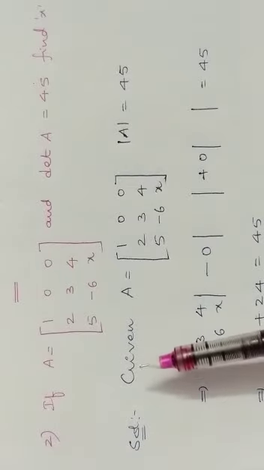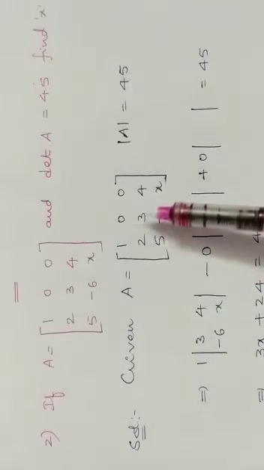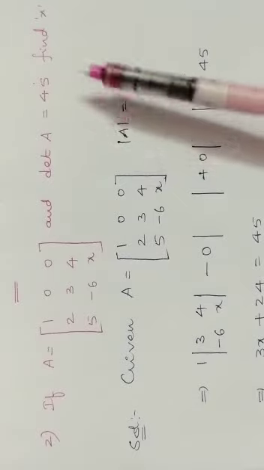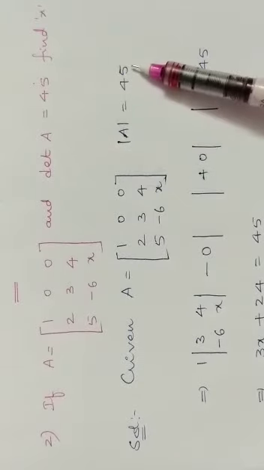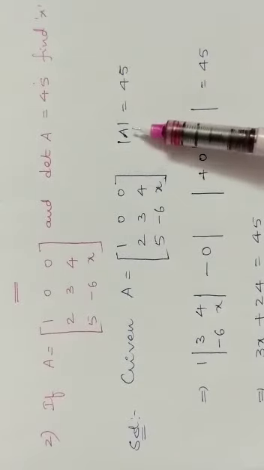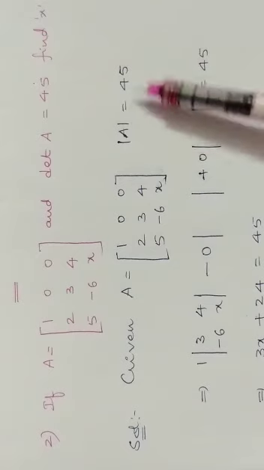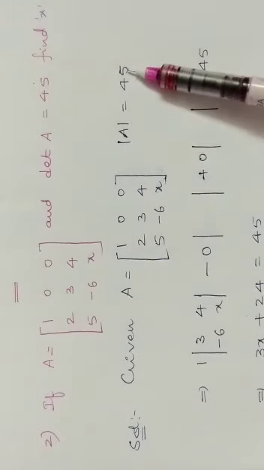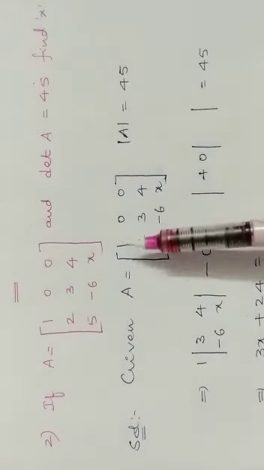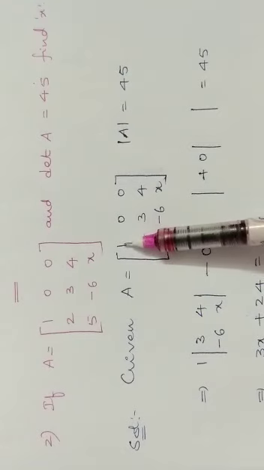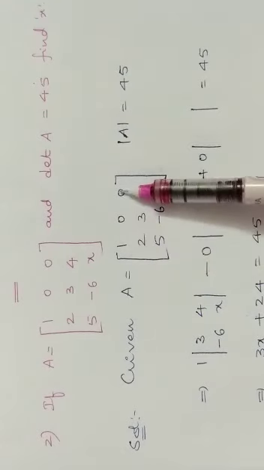Solution. Given A and det A is given as 45. So find det A and equate to 45. How to find det? 1 into, remove row and column.